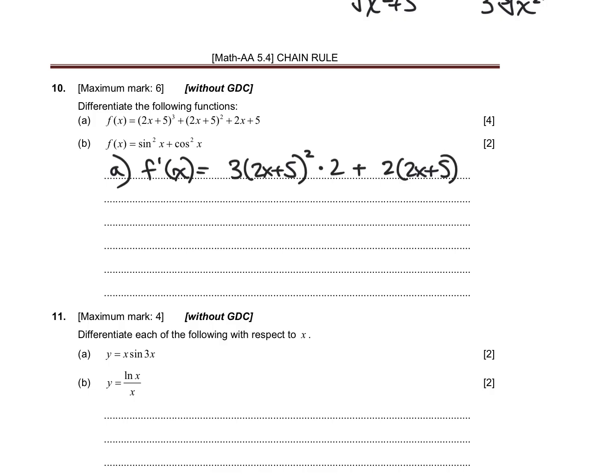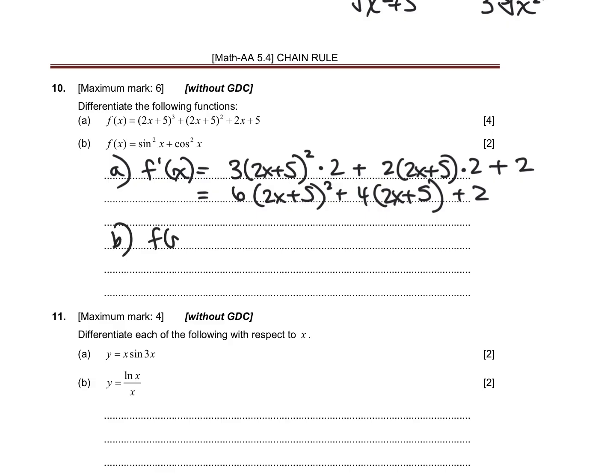Plus, (2x plus 5) to the 1, subtract 1 from the exponent, times 2, and then we're going to have just plus 2, because the 5 goes away. And writing this neater, we're going to have this for 2x plus 5 plus 2. And we could factor out a 2, but I mean, it's unnecessary.